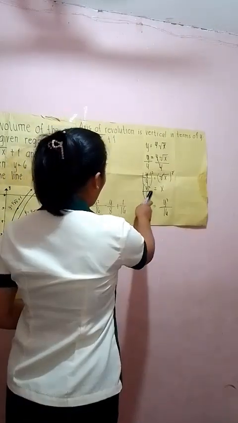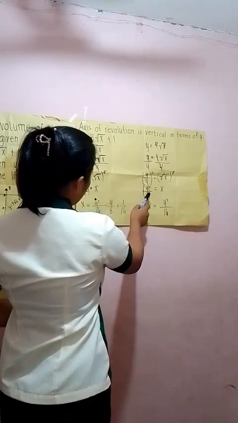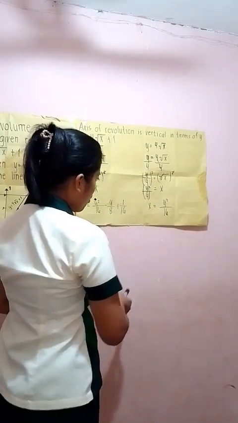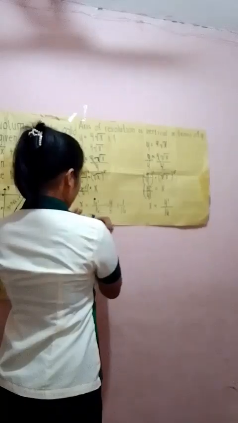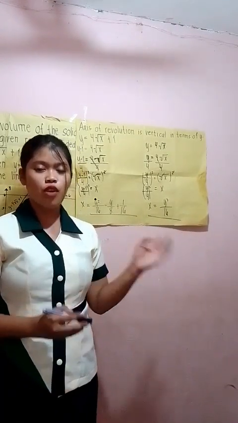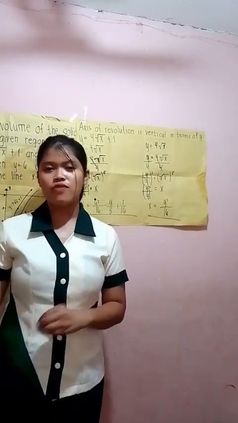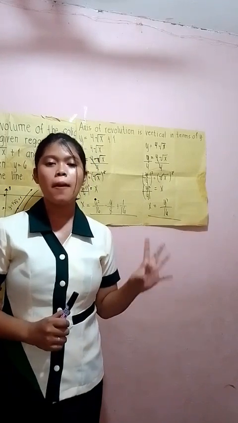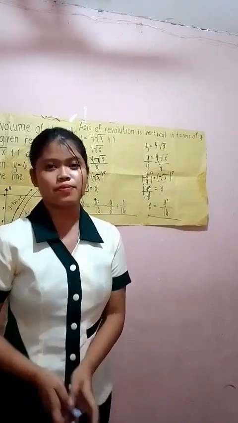This will become now x is equal to y over 4 squared, or x is equal to y squared over 16. So we will use these functions to solve the volume of this problem using the washer method and shell method.